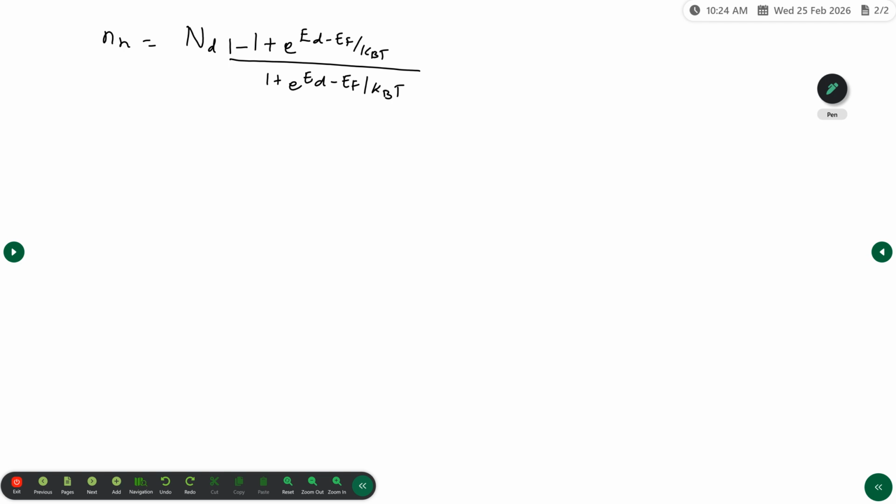So here you have to apply that. Denominator value என்ன ஆயிரும்? Just 1. And this will get cancelled. So the existing term is Nd into e power (Ed minus EF) by kBT. So NH is equal to that. Put this as equation number 3. என்ன தப்பா?